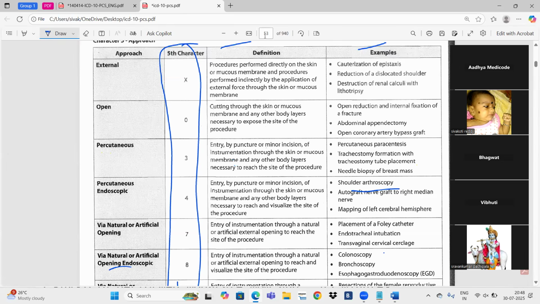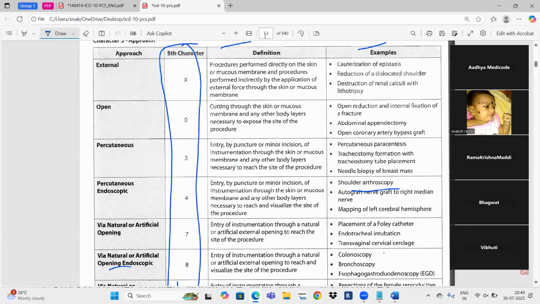If they apply some external pressure and do the procedure externally, or if they do the procedure at skin level, it is external. Skin level procedures. Here they won't cut the skin or other mucous membrane. They will do the procedure at skin level.